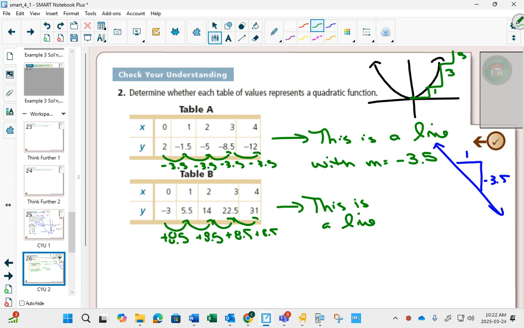We would need to see that 1, 3, 5 pattern in order for it to be a quadratic equation. This time, every time we go over 1, we go up by 8.5. This would not be a quadratic.